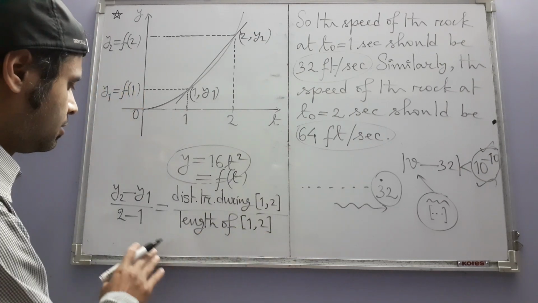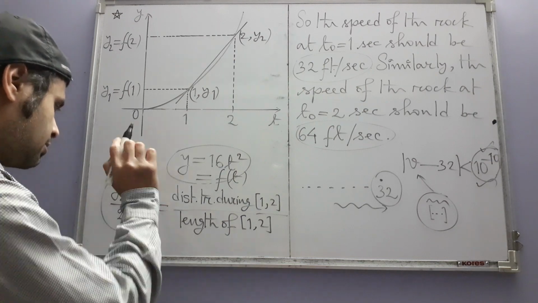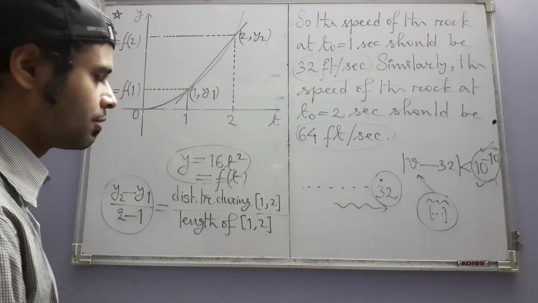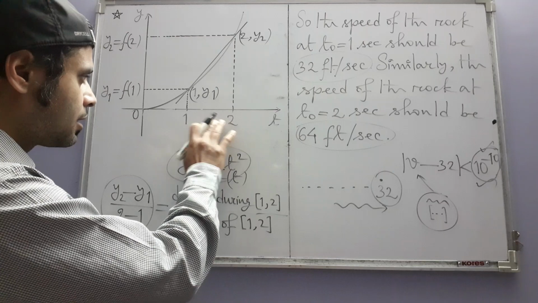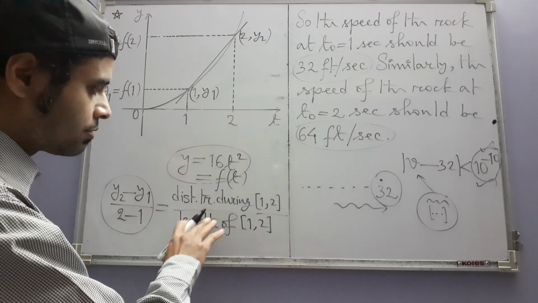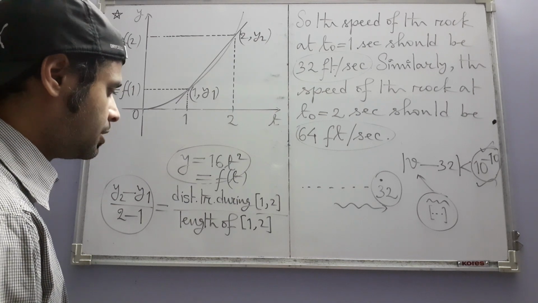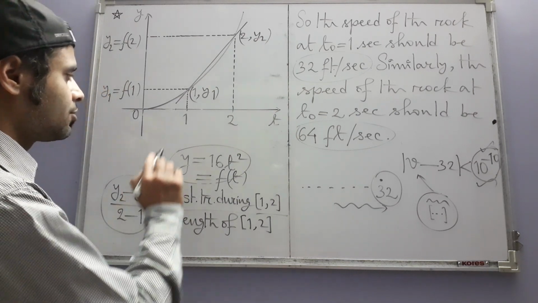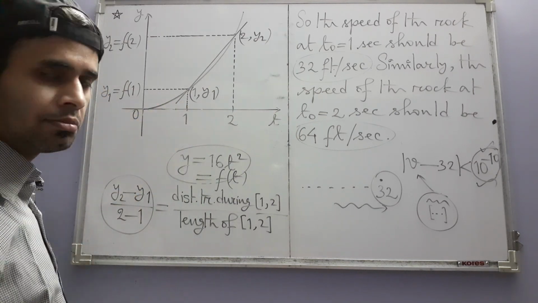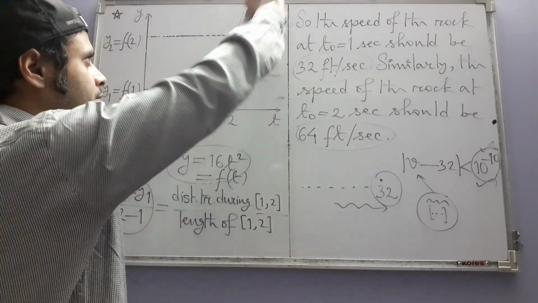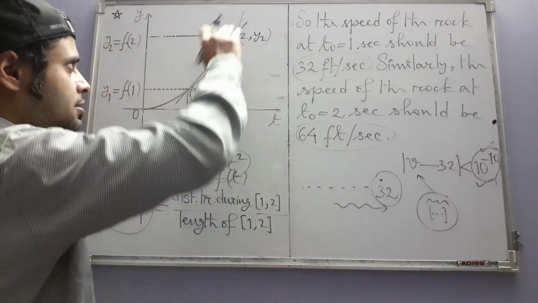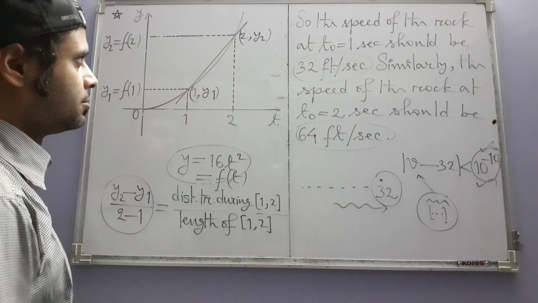In other words, this quotient is the average speed of the rock in the second, and this in fact we calculated in example 1 also. So this average speed turns out to be numerically equal to the slope of this straight line, which is a secant line to this curve.